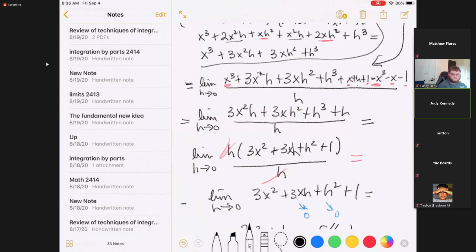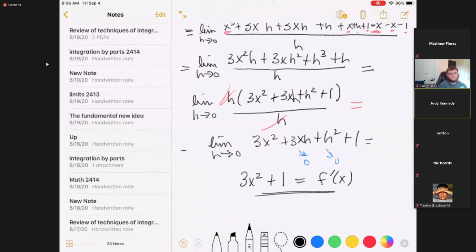What was left, each term contained an h. That meant we could factor an h out of the numerator, then cancel an h out. Now your 0 over 0 problem's gone, and you can evaluate the limit by direct substitution.